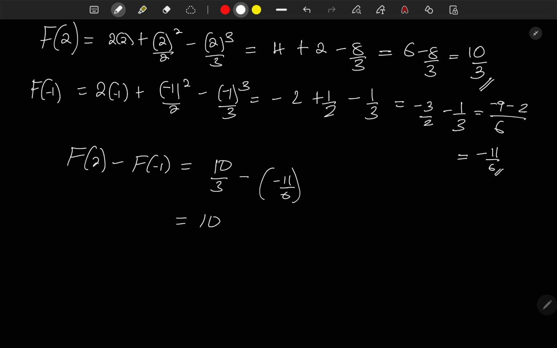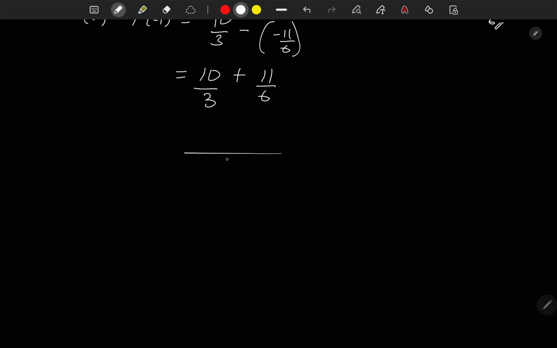We find the common denominator 6. 3 into 6 is 2, so we get 20, plus 11, and we end up with 31 over 6. You can leave this as a mixed fraction, 5 remainder 1 over 6. You do not add any units because you haven't been told which one you are finding, whether area or volume or anything. So you just leave it like that.